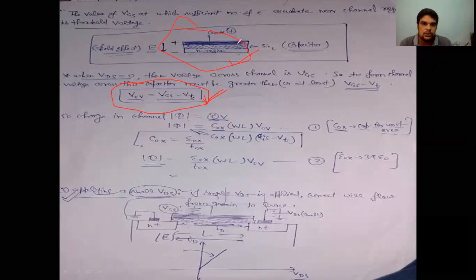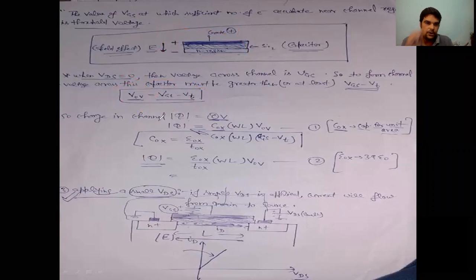The charge in the MOS capacitor is defined by this overdrive voltage, the effective voltage, because the value of VGS up to VT, less than VT, will be consumed. Only if VGS is greater than VT will the electrons start to accumulate from the P substrate towards the oxide layer. So this is the effective voltage that is responsible for charge.